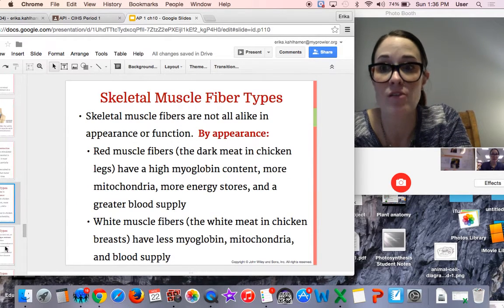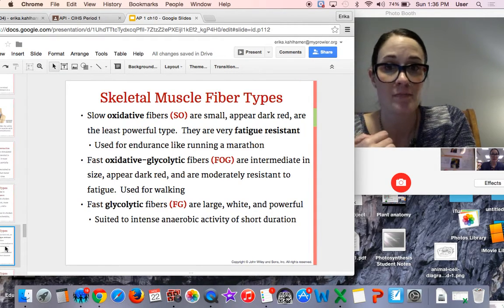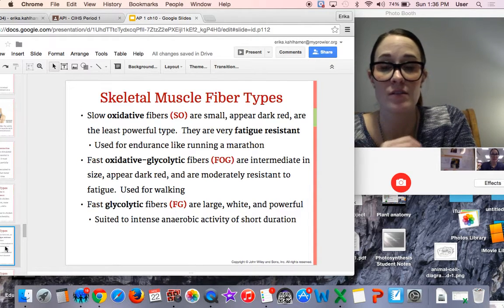Here we can have red or white. It also can be split into these 3 groups: slow oxidative fibers, abbreviated SO, fast oxidative glycolytic, or FOG, and fast glycolytic fibers, FG.